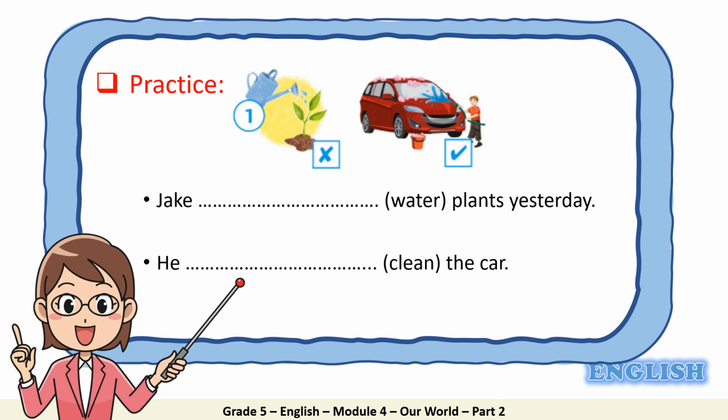Jake watered plants yesterday. What did you put in the space? Excellent! Jake didn't have to water the plants yesterday. What about sentence number 2? What did you put in this space? Very good! He had to clean the car. Well done!